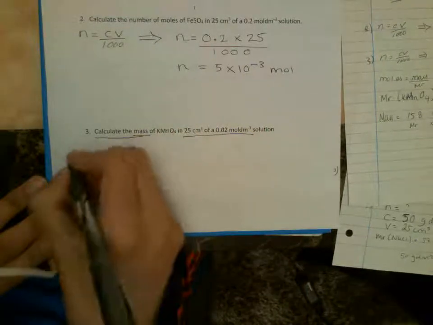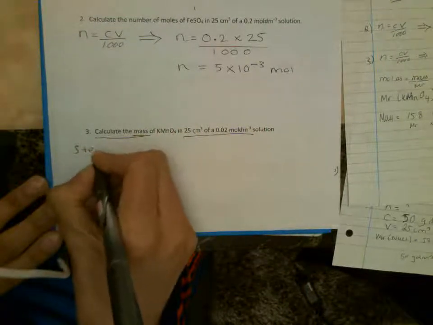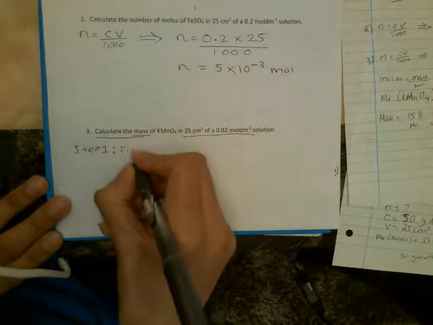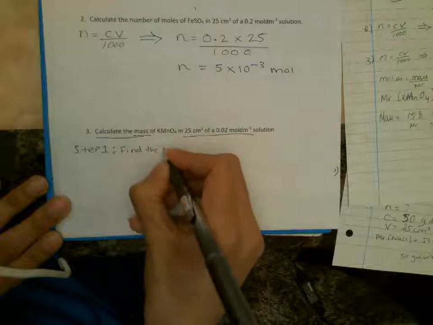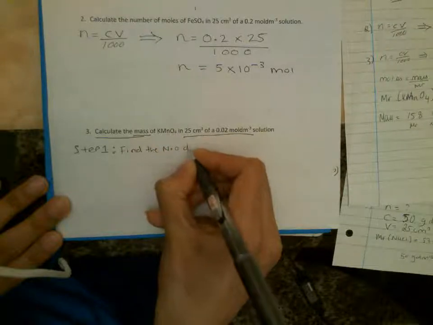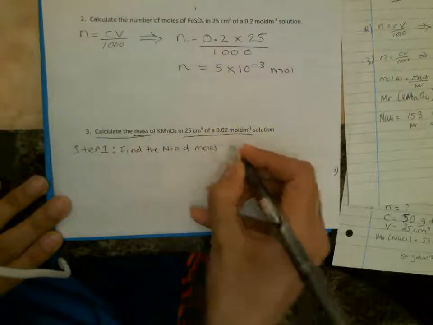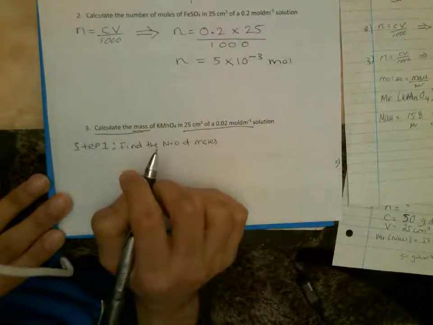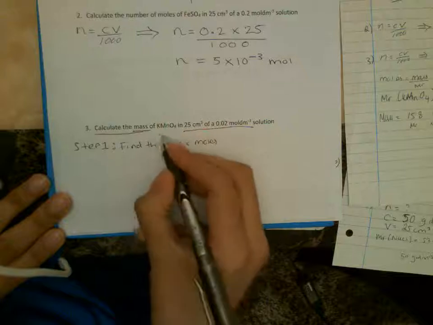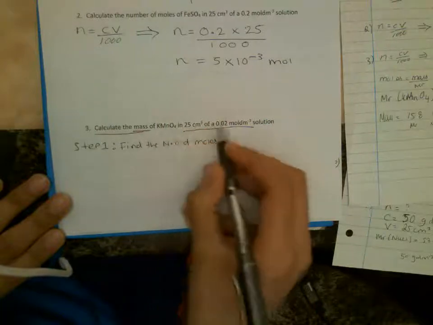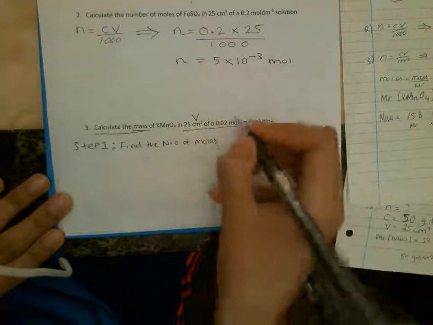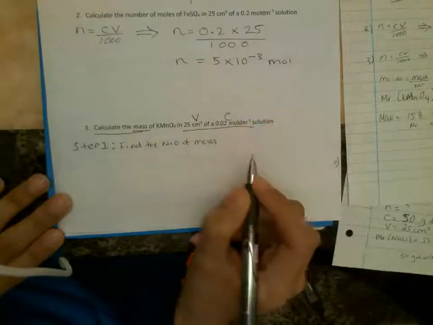Now step 1, find the number of moles. So first we've got to find out how many moles of potassium manganate is in this solution. Now we've got a volume, and we've also got a concentration.